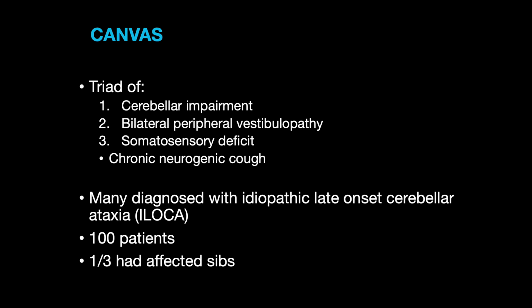Prior to the recognition of CANVAS, most of these patients were diagnosed with idiopathic late-onset cerebellar ataxia. It's worth noting that in our initial cohort of 100 patients, 1/3 had affected siblings, and so the suspicion of a genetic disorder was very high.